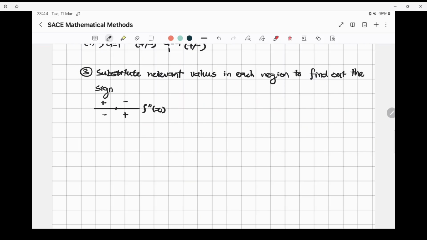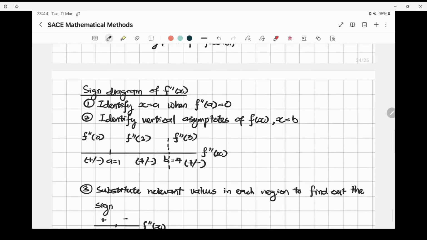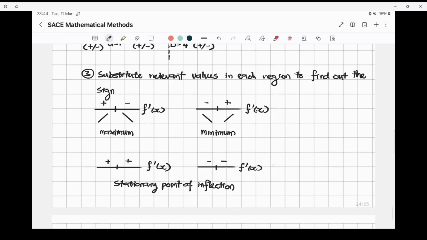So if you see this kind of signs, it means this is a point of inflection. It doesn't tell you whether or not this is a stationary point of inflection. You need to combine with this particular sign diagram.